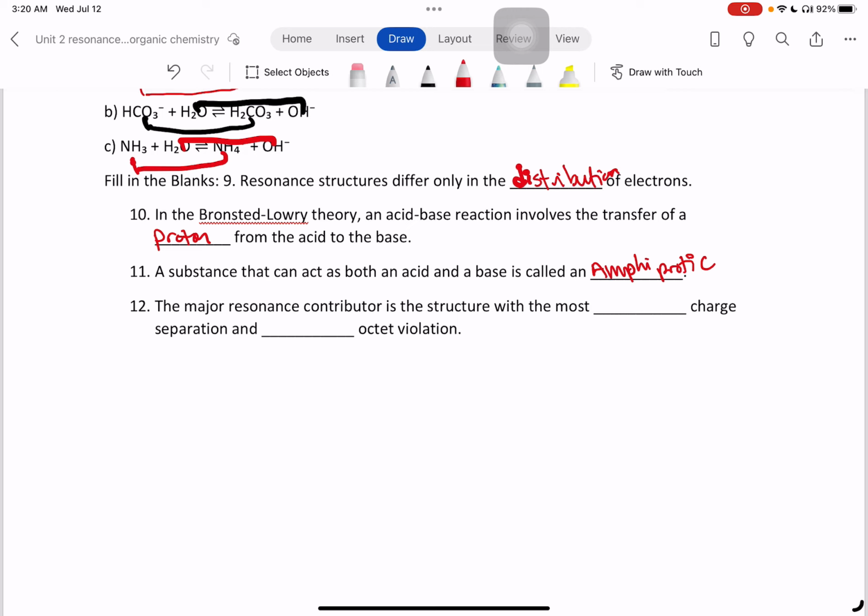Okay, and the major resonance contributor is the structure with the most what? Charge separation and octet violation. Now that's a new one that we didn't talk about. The major resonance contributor is the structure with the most minimized charge separation and satisfied octet.